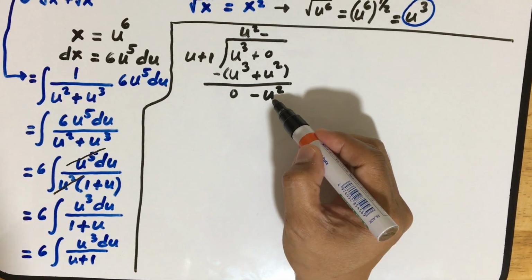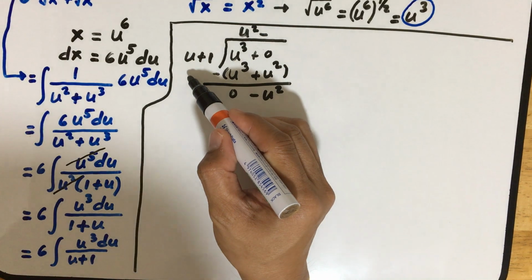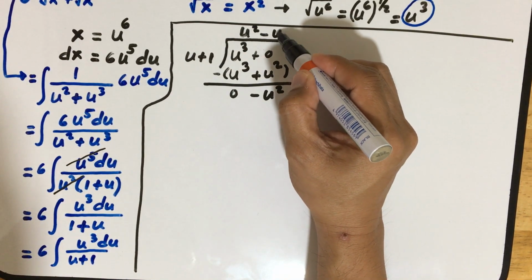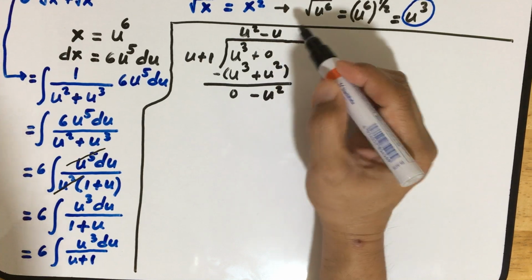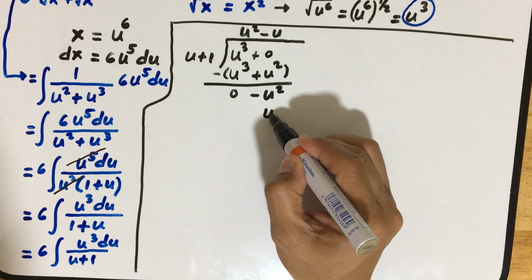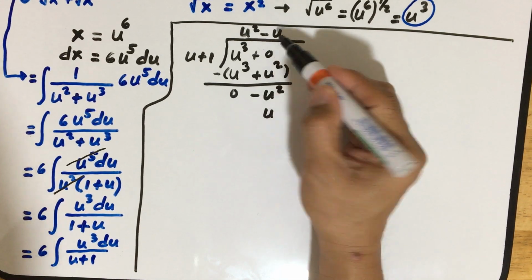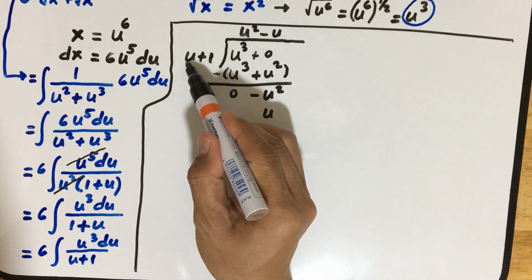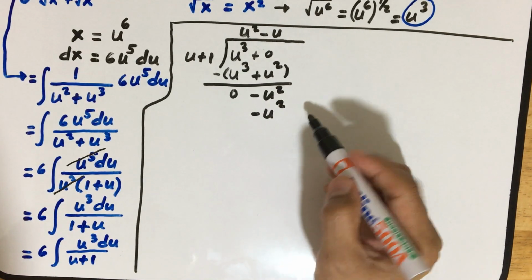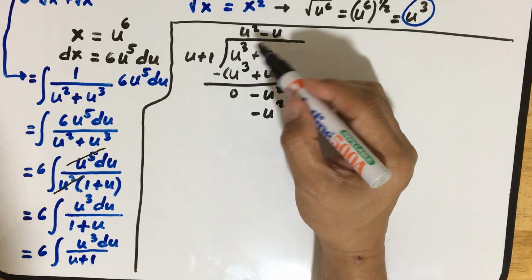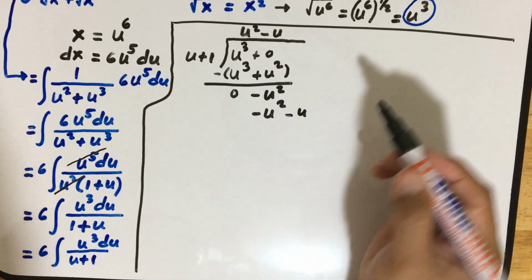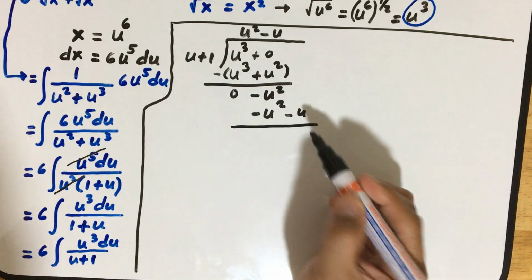So u squared divided by u is equal to u. Then u times u is u squared, and u times positive 1 is positive u. Again, we have to subtract.